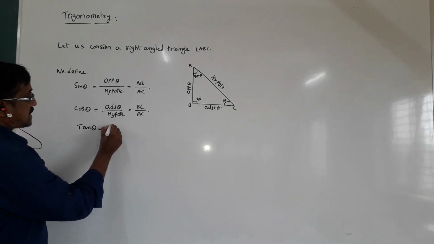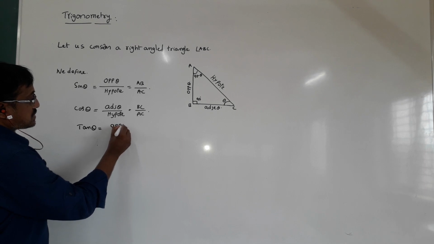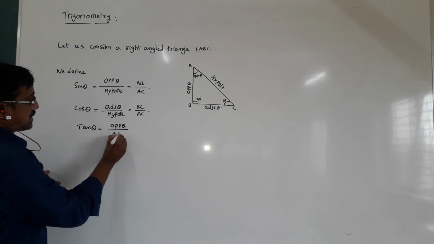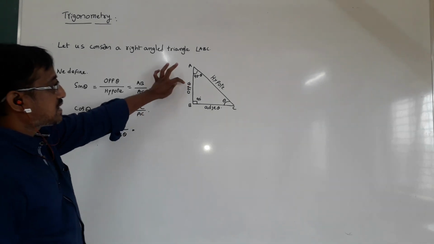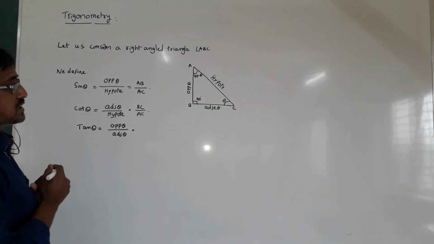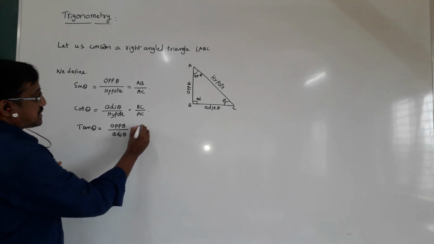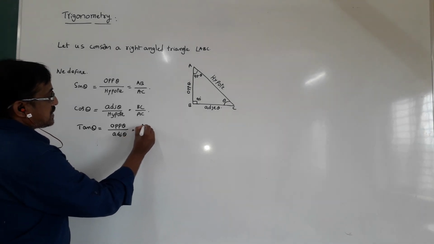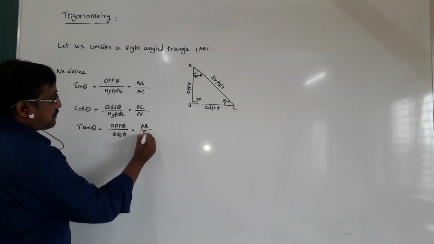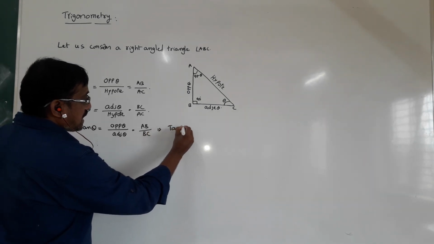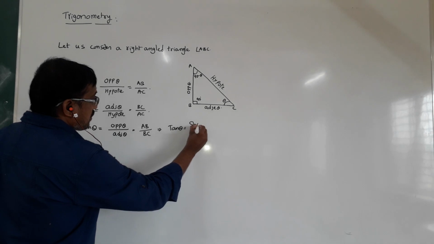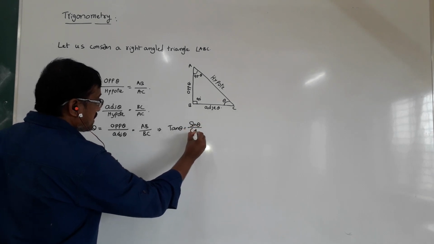So tan theta is the opposite side to theta by the adjacent side to theta, which is AB by BC.